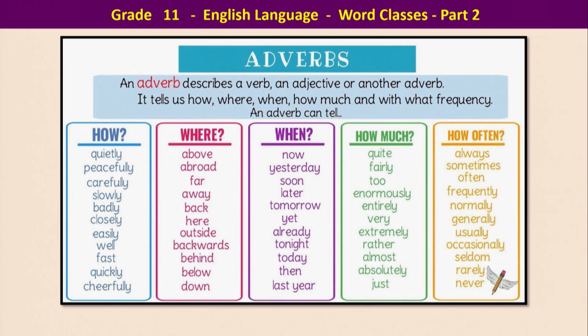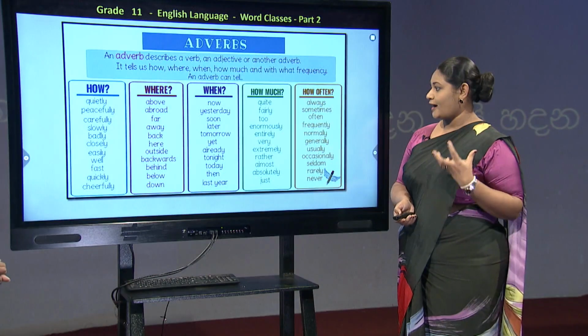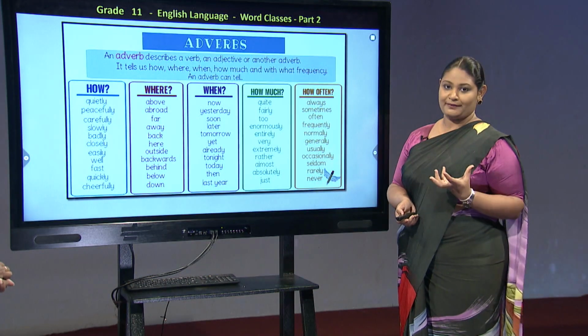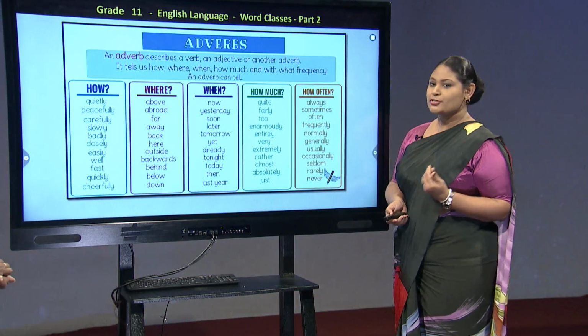Adverb of time. How much? Quite, fairly, too, enormously, entirely, very, extremely, rather, almost, absolutely, just. I am happy. I am absolutely happy. Right? I'm extremely happy. The degree, how much you are happy. Right? How often do you exercise?